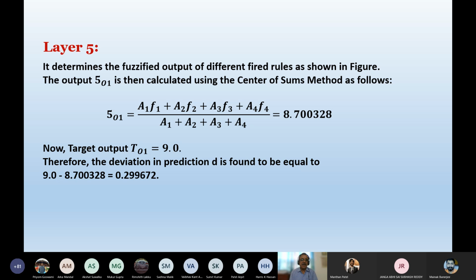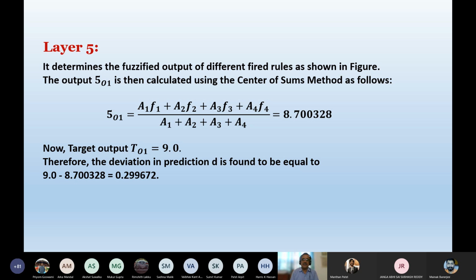By following the similar method, you pass the second training scenario, the third training scenario, and so on. After passing all the training scenarios, you find out the average of the deviation. Of course, before that, you'll have to consider the mod value, that is the positive value corresponding to the deviation. That average deviation will be the fitness for the first GA string.